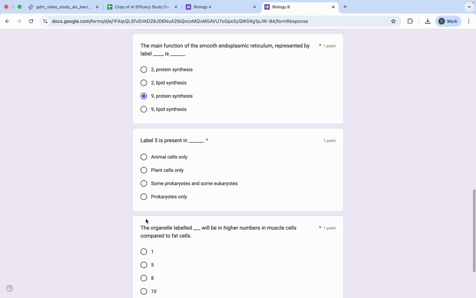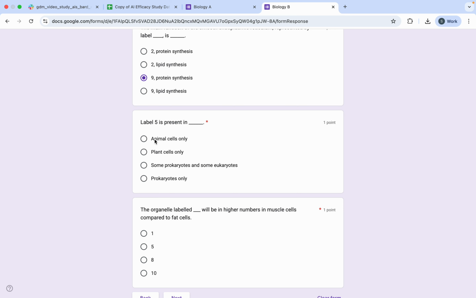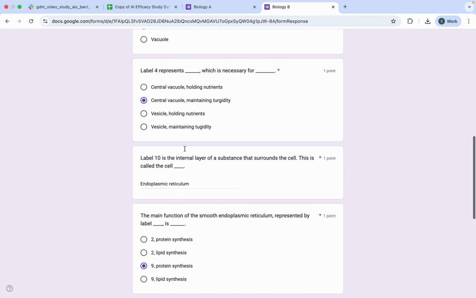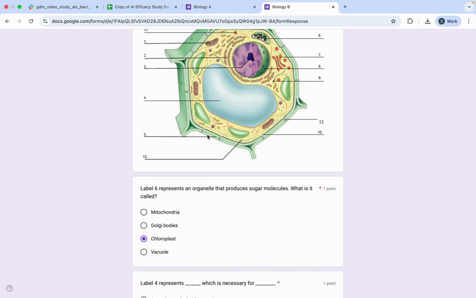Now next is: label 5 is present in animal cell only, plant cell only, some prokaryotic and some eukaryotic, or prokaryotic only. Which is label 5? 5 is this.